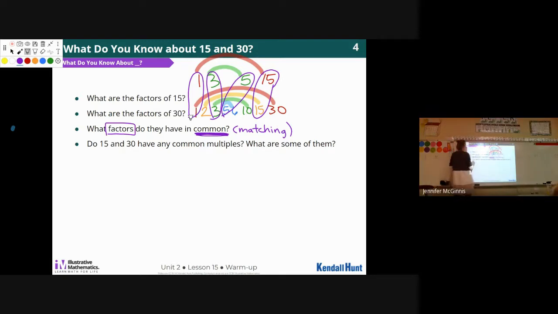What about 15 and 30 in common multiples? The factors are the rainbow. The multiples are the list. So if I'm going to make a list of 15s, I'm going to start with 15. Whenever I list multiples, I start with that number and I count by that number.